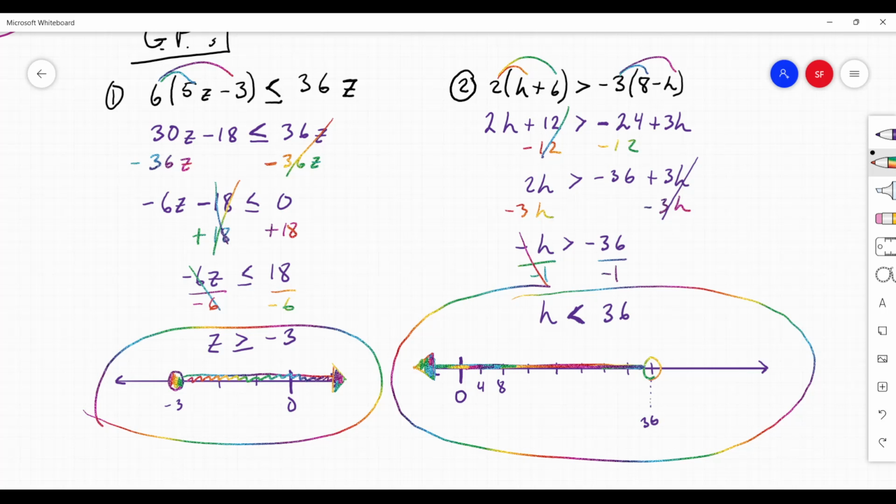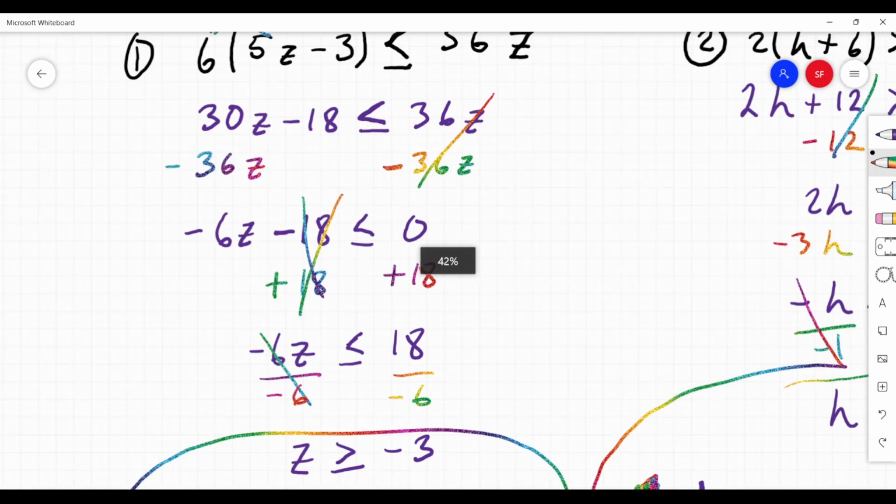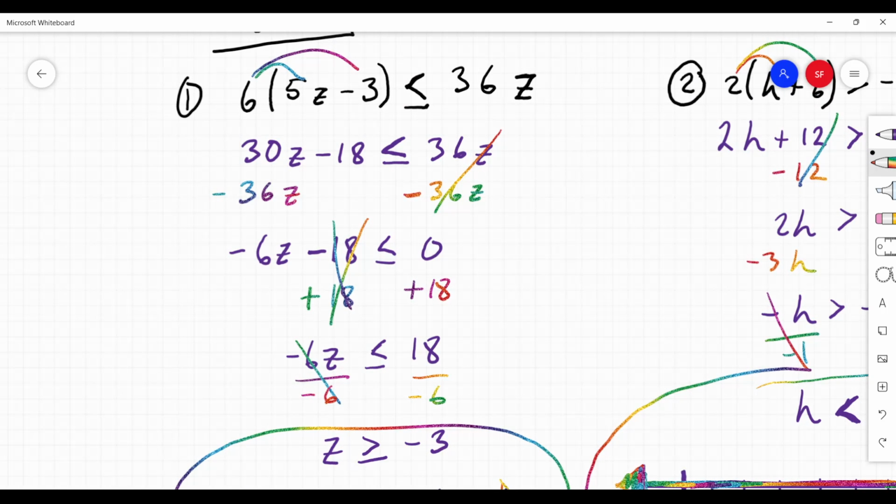I did something wrong on the first one and I can't figure it out. Well, check your math with this math. Did you figure it out?